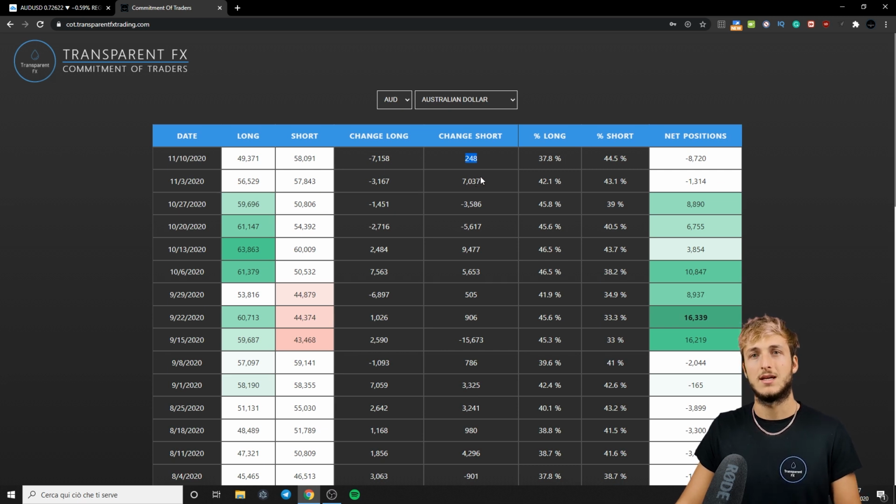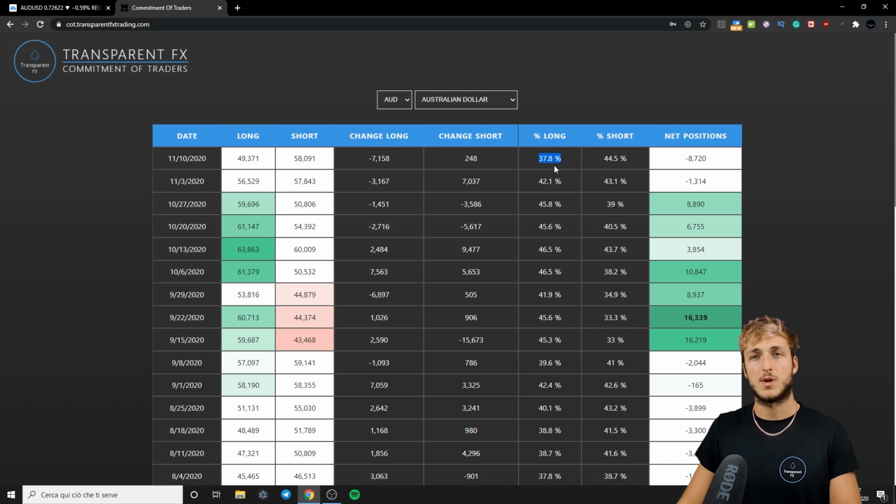So definitely, this is in good confluence with what we would like to see from a technical perspective, as we have already explained. Currently, we also have a 44.5% short exposure, so definitely a big increase from the 33.3% short exposure that we had here. And the long exposure has been decreased from 45.6% to 37.8%.